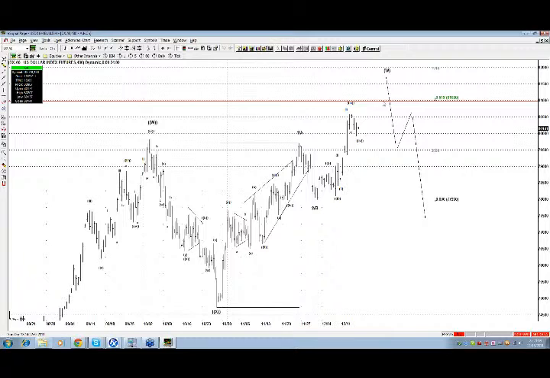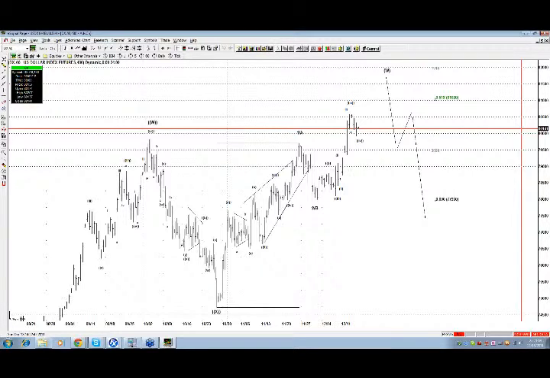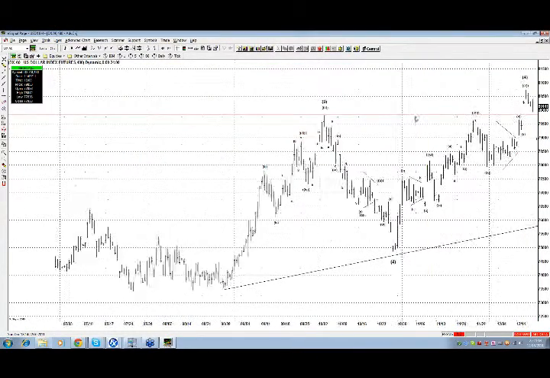That in the case of the euro is 128.70 area also. Now that's one scenario. The other scenario is this one. Is the less popular one.